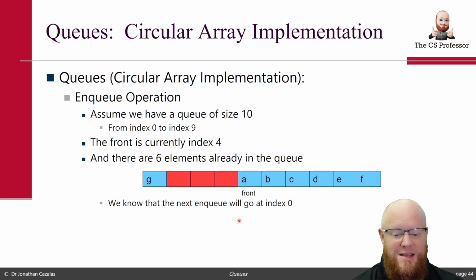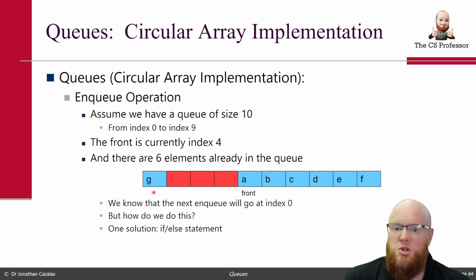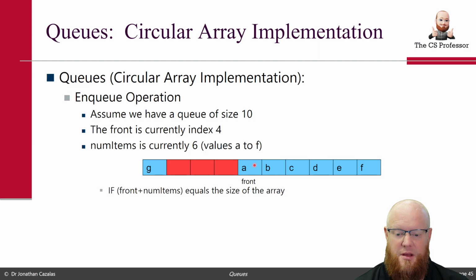We know that the next enqueue must go right here at index 0. But how do we make that happen? One solution would be a simple if-else statement. Once again, it's slow, but we could use an if-else statement. If the front, which is index 4, plus the number of items, which in this example is 6, so 4 plus 6, equals the size of the array, so 4 plus 6 is 10, which in this example was 10, I built this example to demonstrate this.